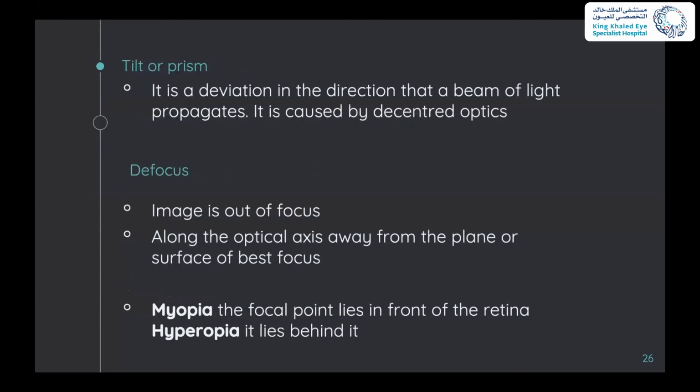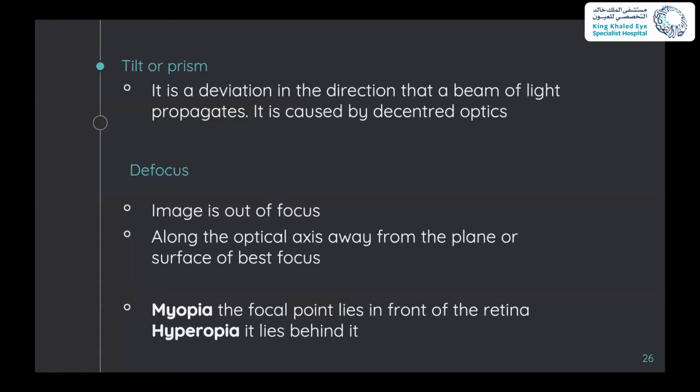Tilt is whenever there is a deviation in the direction in which the beam of light propagates. This is usually caused by decentered optics, which is more or less the prismatic effect. Defocus is whenever the focus is off the optical plane but still along the same axis, away from the best focus plane.